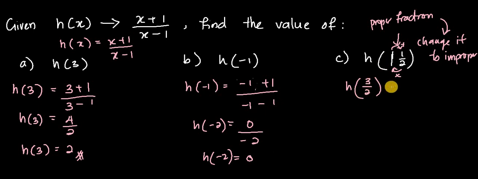So h(3 over 2), which means whatever the x value is, I'm going to substitute 3 over 2 inside. So 3 over 2 plus 1 over 3 over 2 minus 1.